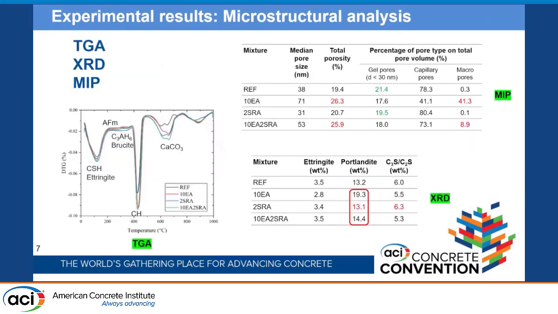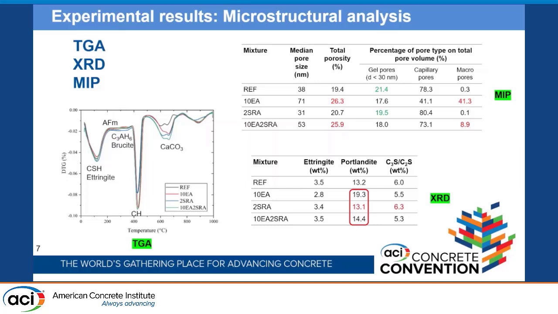TG, XRD, and MIP were done. On the left, you see the plot showing the different phases decomposition at different temperatures. For example, portlandite CH was decomposed at around 400 degrees centigrade.